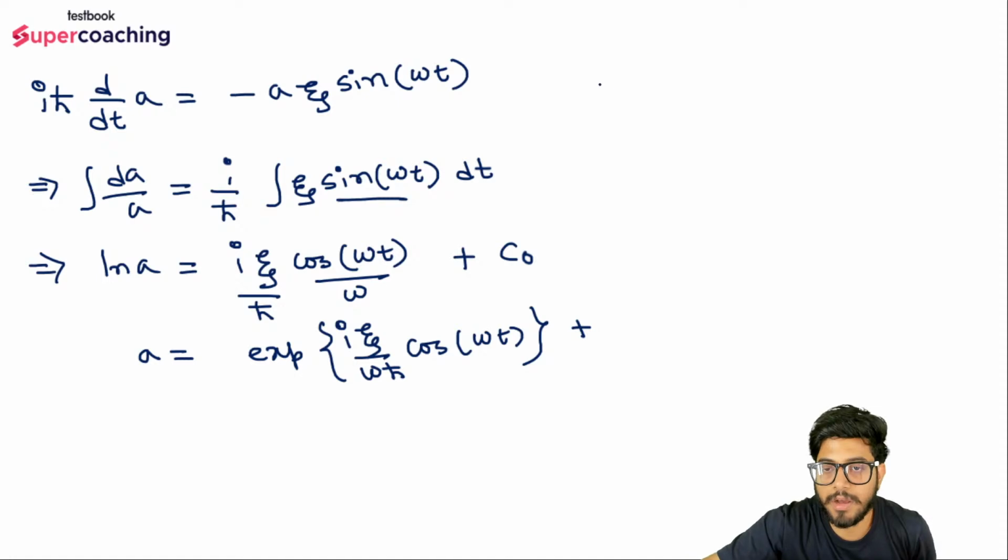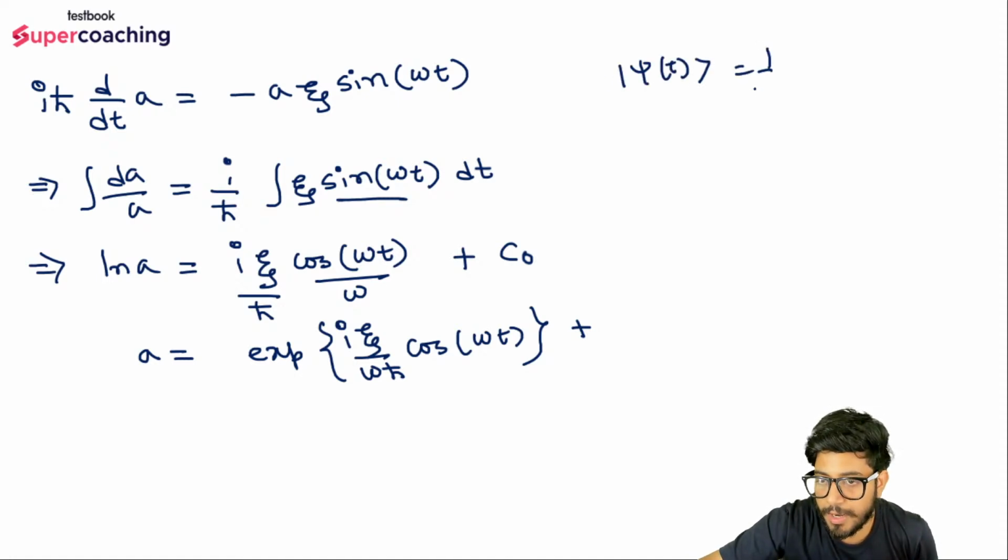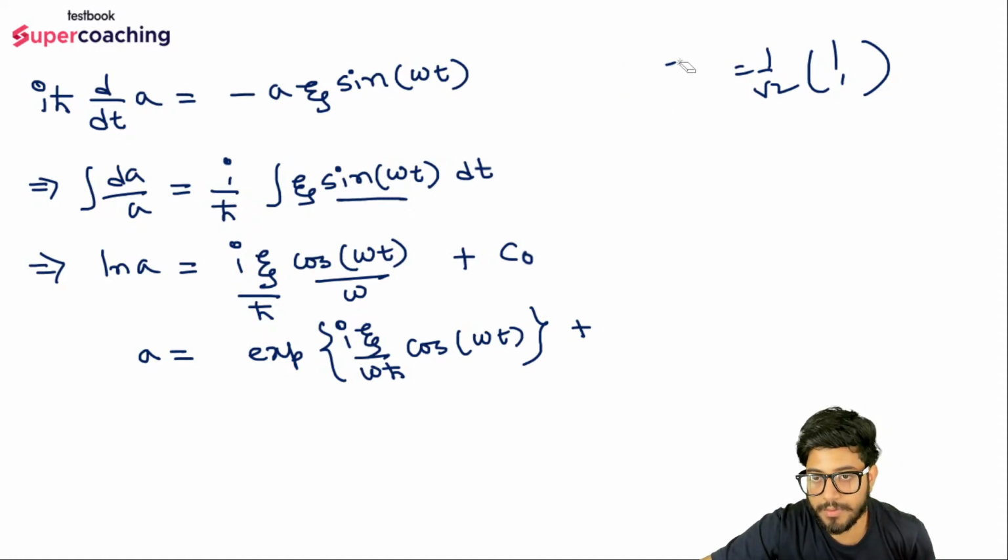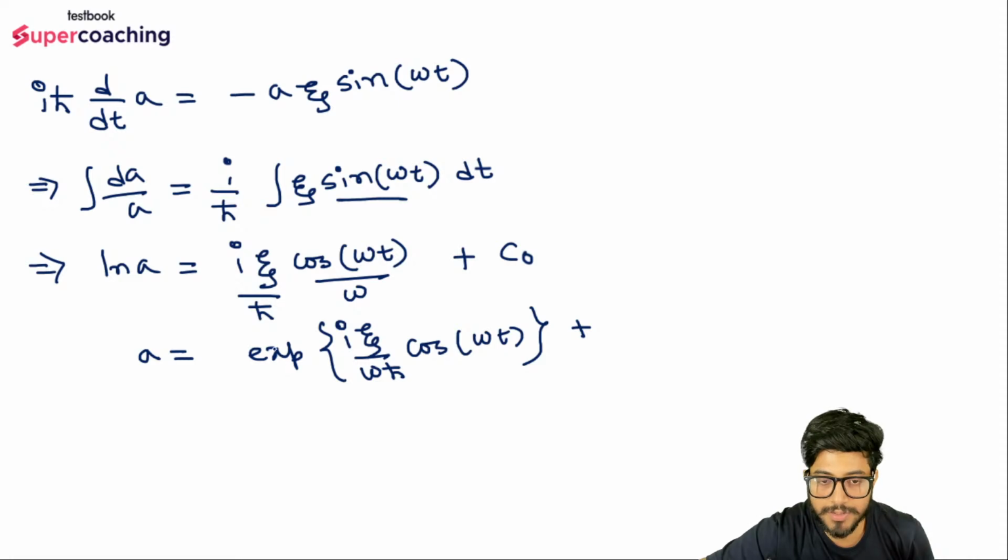Now, I know that at t equal to 0, psi of t was equal to 1 by root 2. So exponential of I zeta by omega h cross plus something equals 1 by root 2. So you can take zeta is basically what?